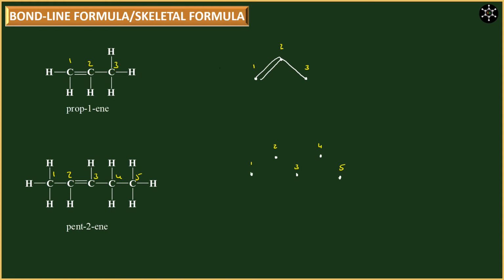Between 1 and 2, single bond. 3 and 4, single bond. 4 and 5, single bond. Between 2 and 3, we have a double bond. So here we need to write 2 lines. Since rest is hydrogen, we can ignore it. This will be the bond line formula for pent-2-ene.